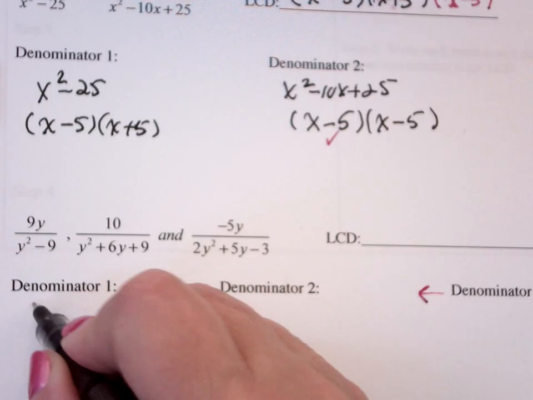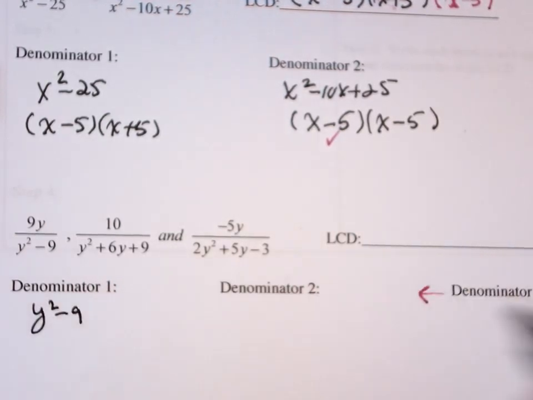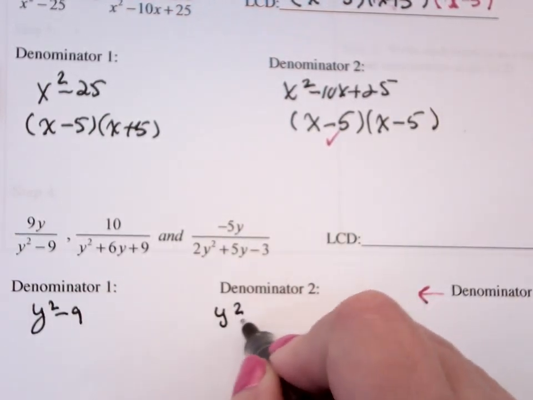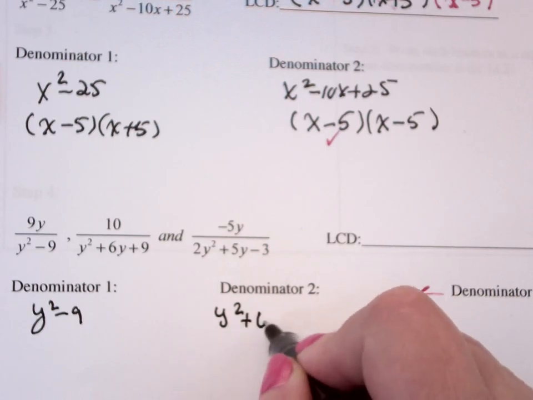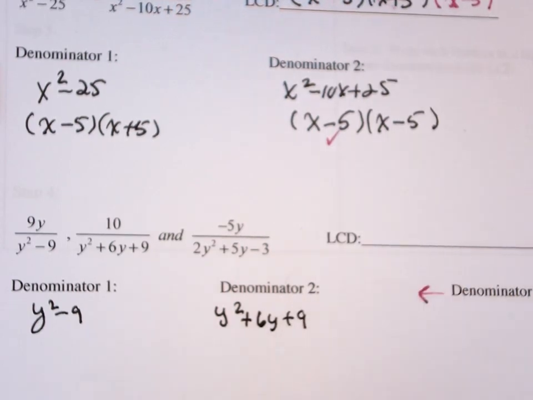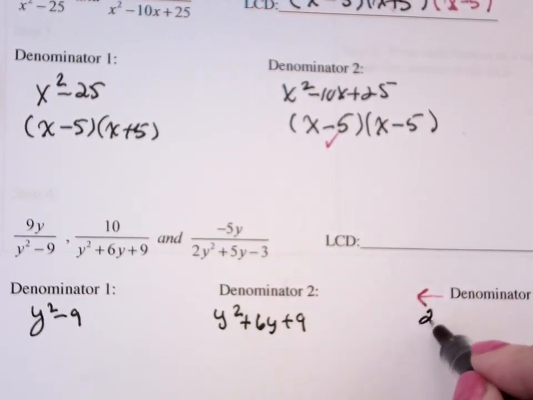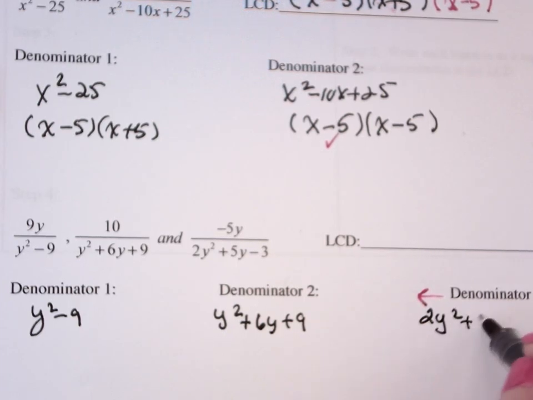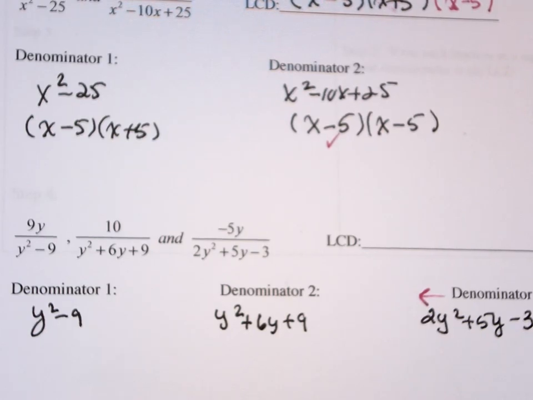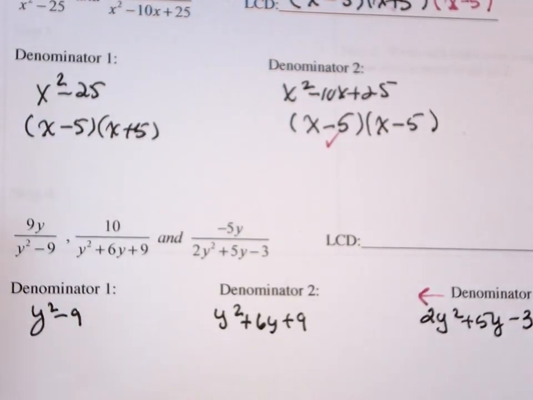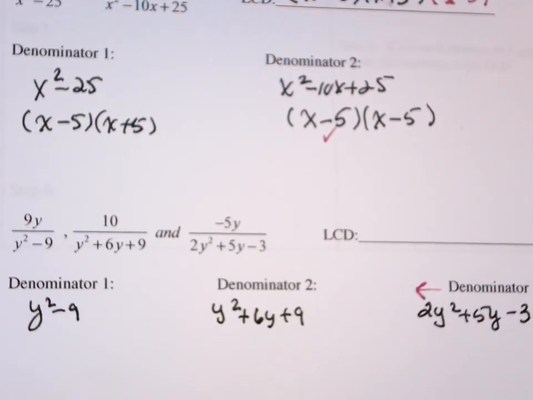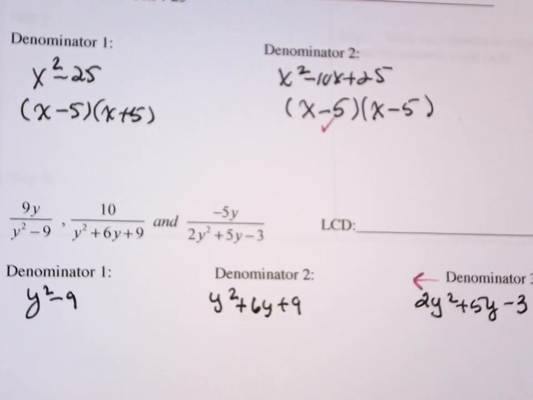Well, dem 1 is y squared minus 9. Dem 2 is y squared plus 6y plus 9. And dem 3 is 2y squared plus 5y minus 3. One of the things some of you guys need to work on is your factorization, where the leading coefficient isn't 1.